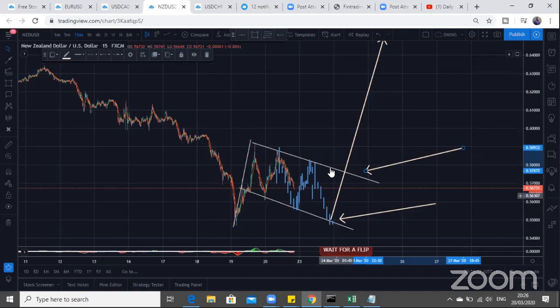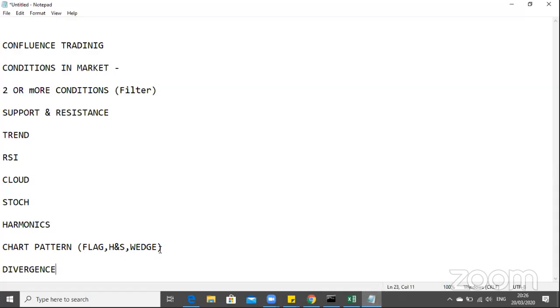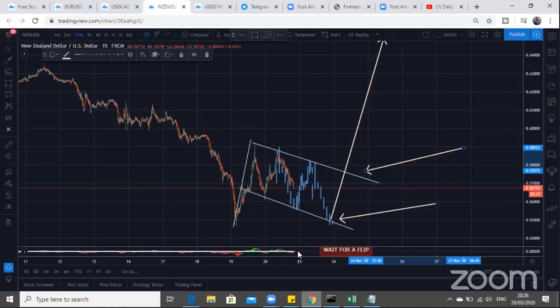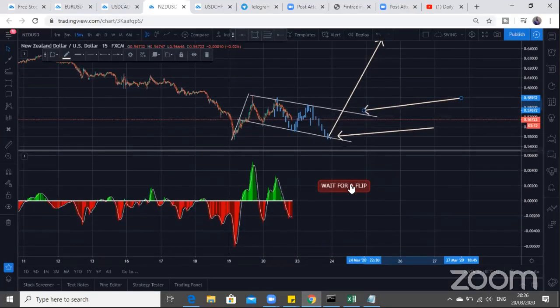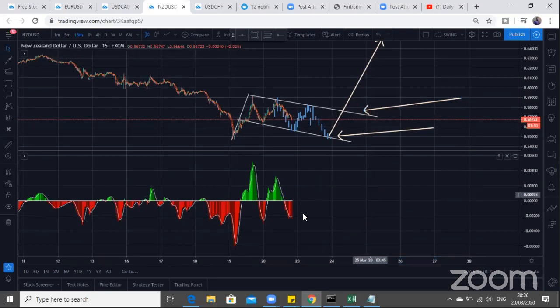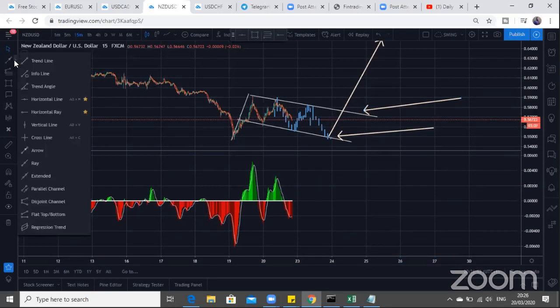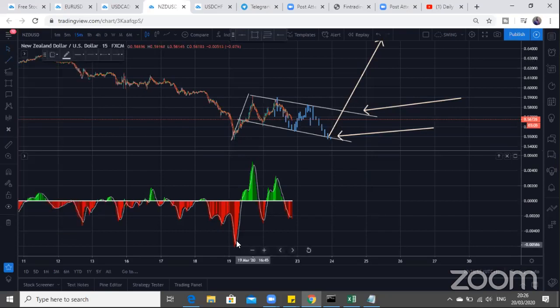What am I trading? Number one, I am trading a flag, a chart pattern. Now, if I have stochastics there, I want to see something here that will be divergence.